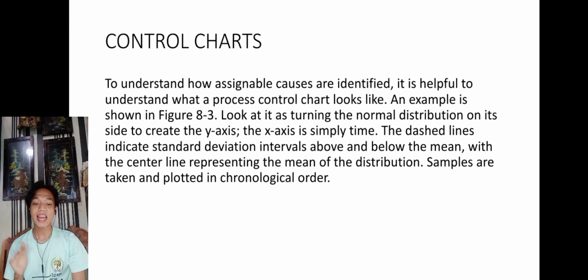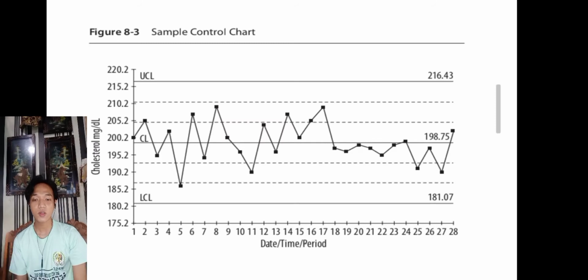The dashed lines indicate standard deviation intervals above and below the mean, with the center line representing the mean of the distribution. Samples are taken and plotted in chronological order. This is the illustration of the sample control chart in Figure 8-3, showing the date, time, and period.